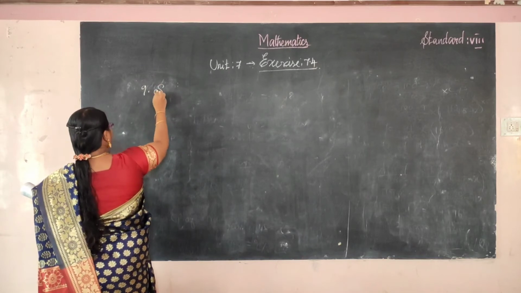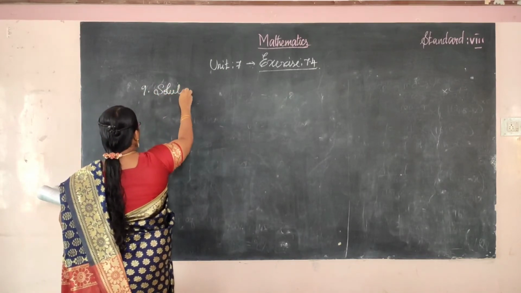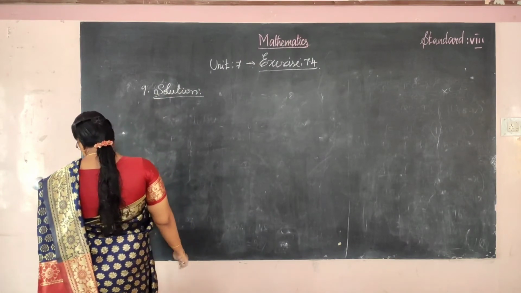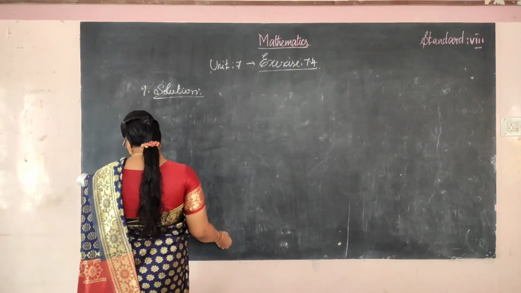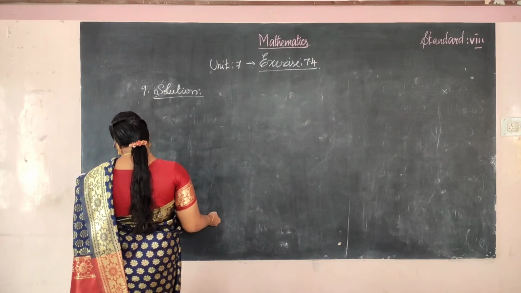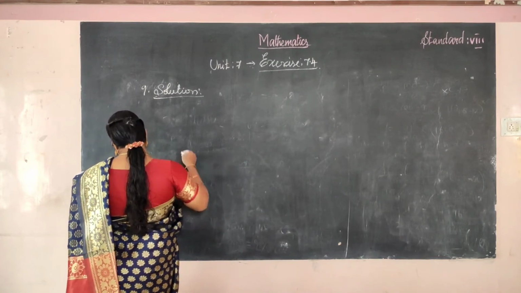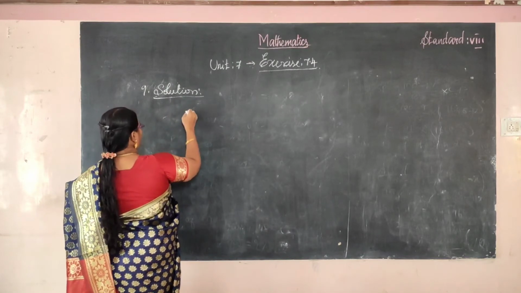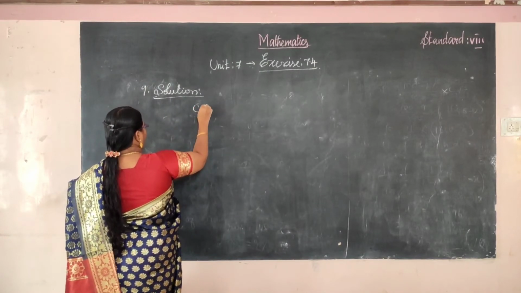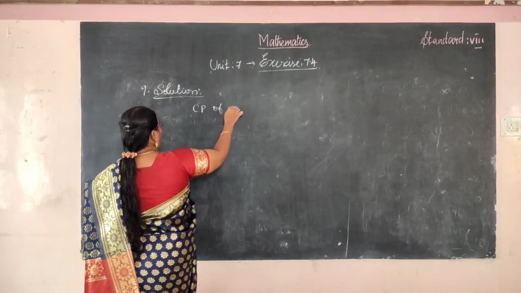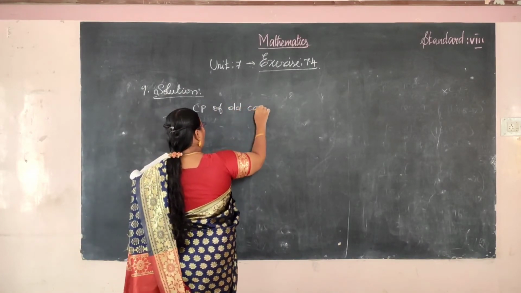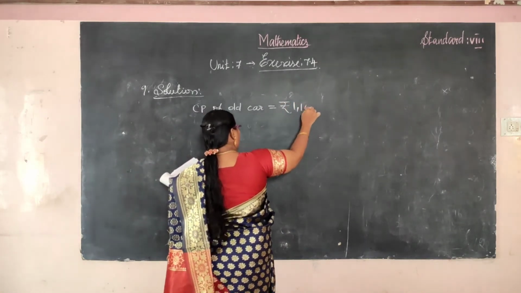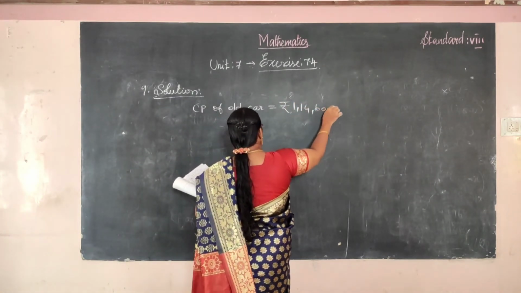Ninth problem. Solution. The cost price of the old car is equal to rupees 1,14,600.